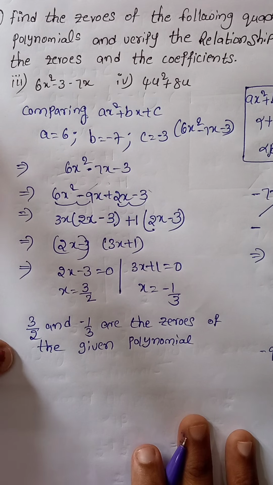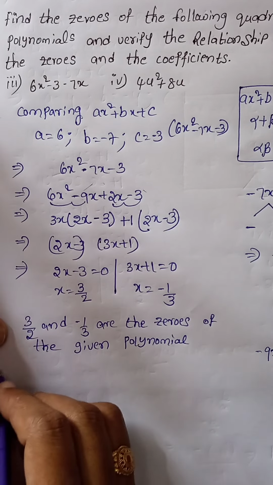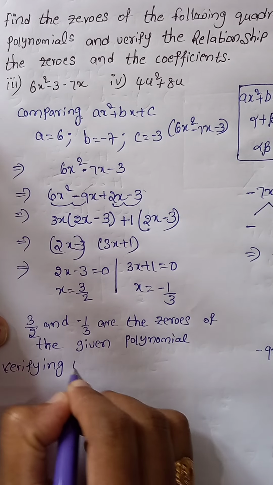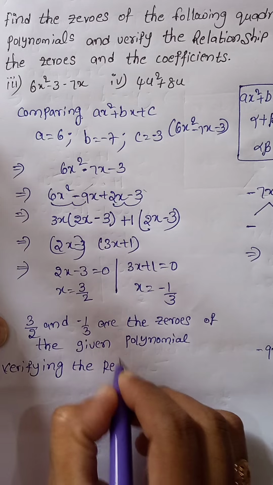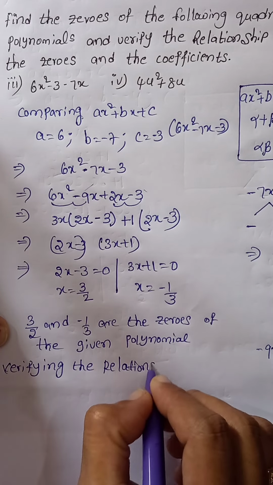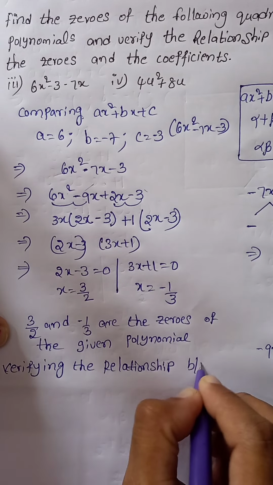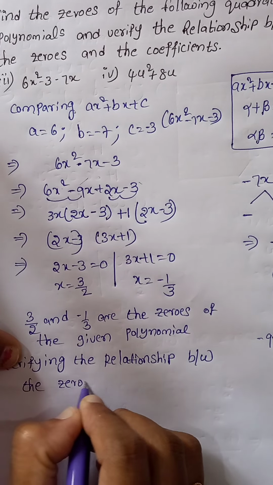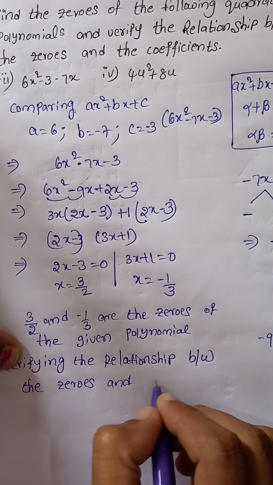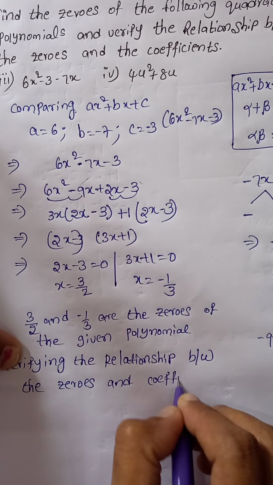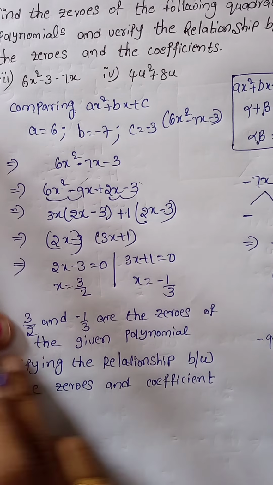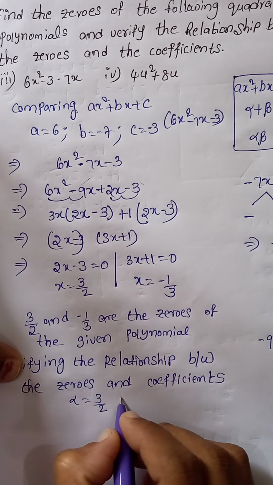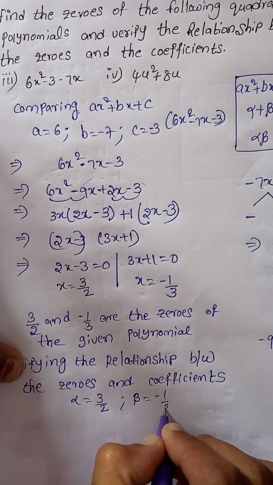Now compare these zeros with the coefficients of the terms, verifying the relationship between the zeros and coefficients. Let us assume these zeros. First, alpha equal to 3 by 2 and beta equal to minus 1 by 3.